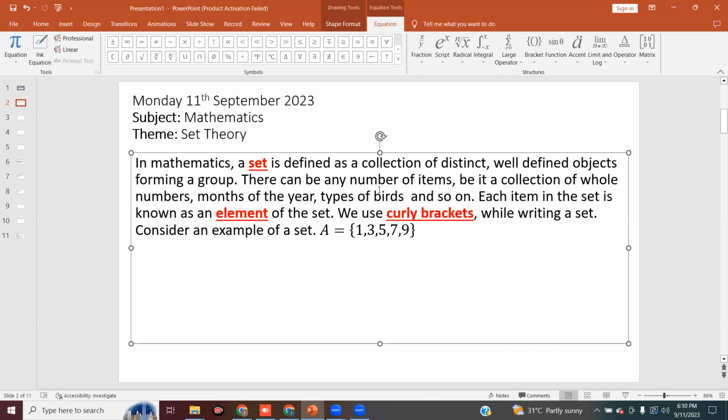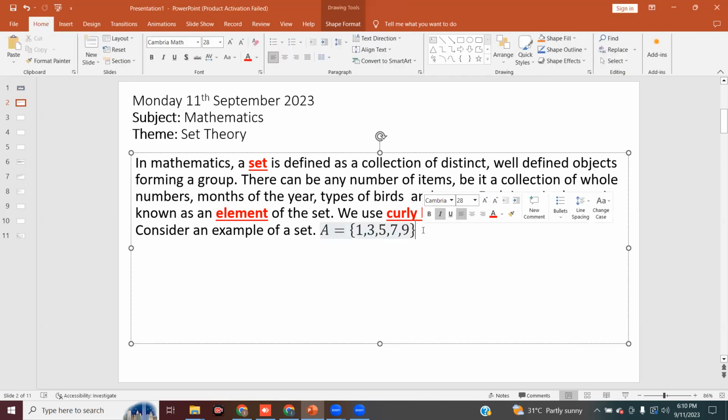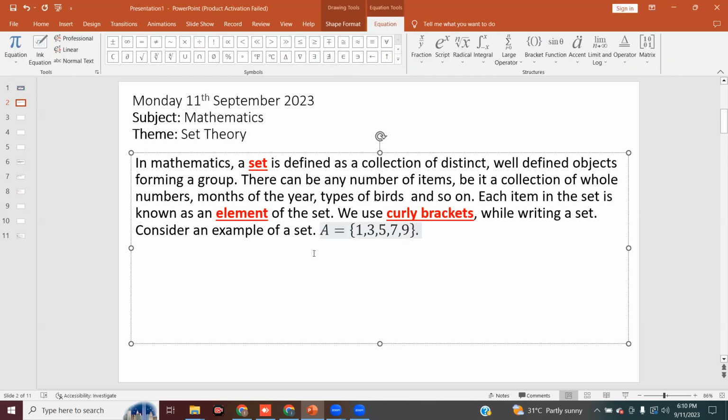Kamaya, what are the elements of set A? Can't hear from Kamaya. How about Alasia?